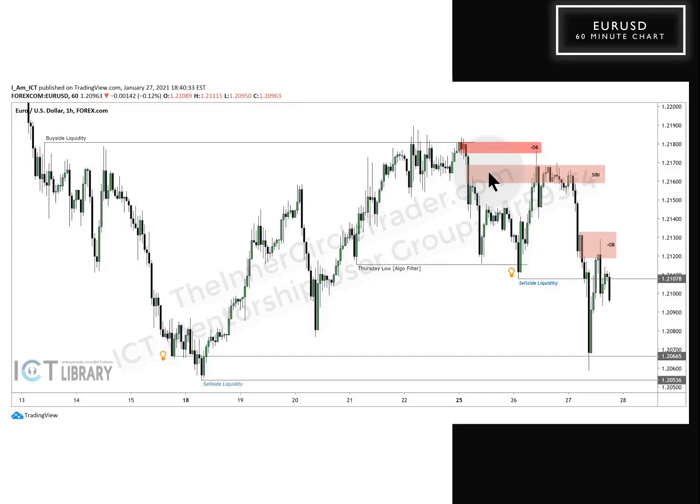BISI, buy side imbalance, sell side inefficiency, is one single candle up. A SIBI is one single down candle, sell side imbalance, buy side inefficiency. What it means is it was only selling here and nothing offered buying until the market went up here. So in other words, the pass through on this is going lower and it passes back up in that same area here.